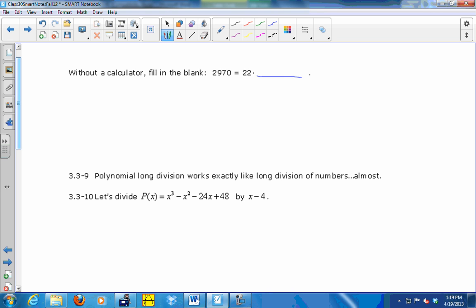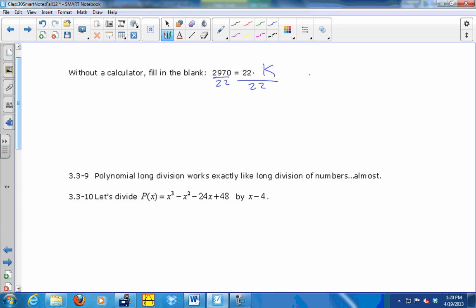Oh, you want to do the prime factorization? Yeah, you could, but that's more work than is necessary. I want to know 22 times what? We'll call this thing k. 22 times what is 2,970? Just going to divide both sides by 22.